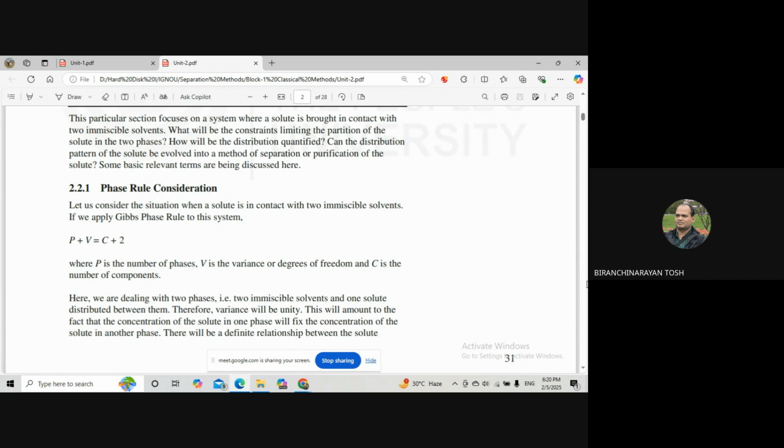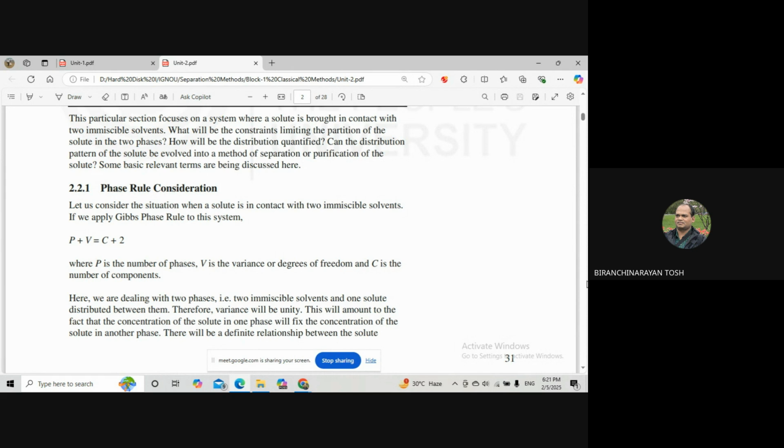Another example I'll give. For example, you are heating calcium carbonate in a closed container. You heat calcium carbonate, it will be converted to calcium oxide and carbon dioxide. So in a closed container, the equilibrium will be established between the reactant, calcium carbonate, and the products, calcium oxide and carbon dioxide.